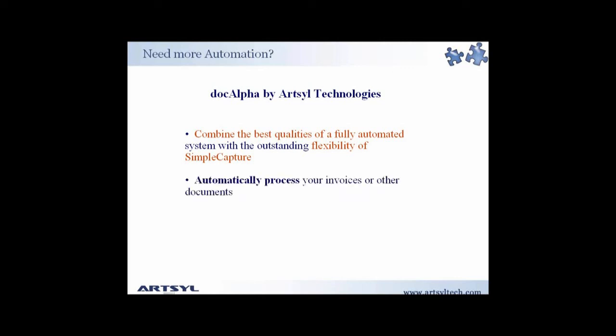This would automatically process your invoices such that once your definition is created, you could scan 100 invoices and you would only have to touch invoices with uncertain characters or business rule violations. That means that out of 100 invoices, you might have 50%, maybe 80% of them processed automatically.